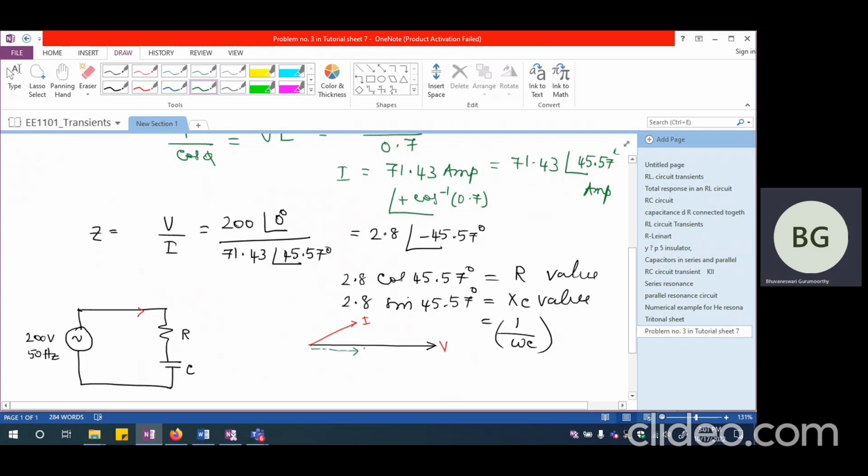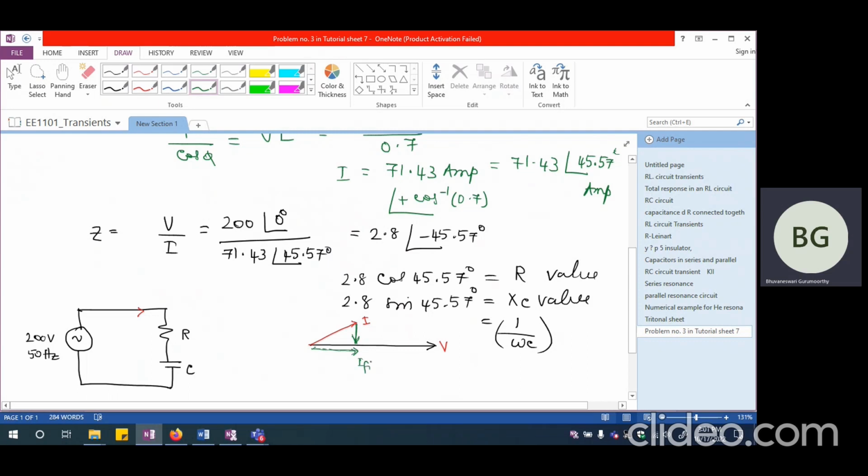So I need to have a current which comes out in such a way that it should have a value somewhat like this. If I can have a value like this, then I will get a current in unity power factor condition.